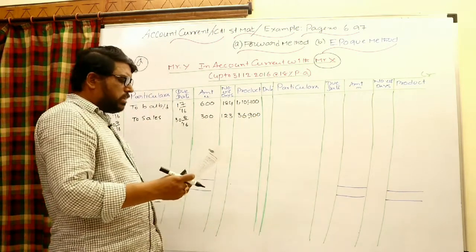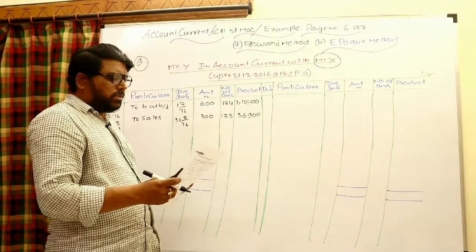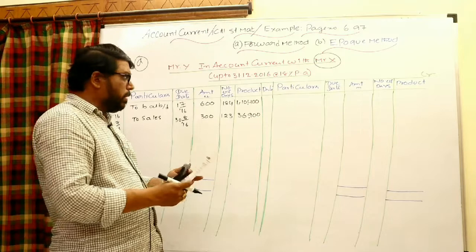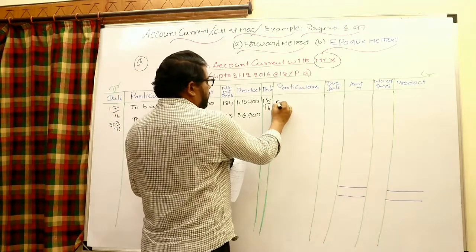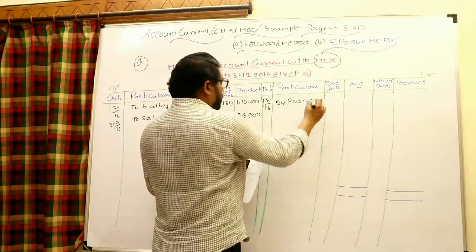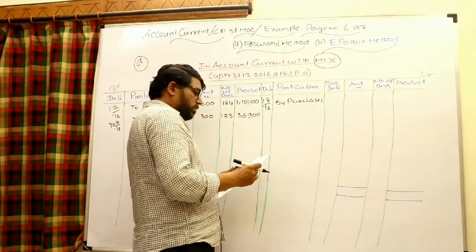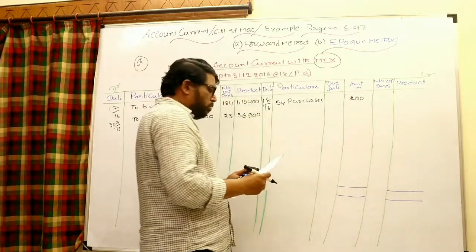Look at the next transaction, 1/8/2016 goods purchased from Y. Entry: purchases account debit to Y. In the Y account, by purchases. 1/8/2016, by purchases, 200 rupees.